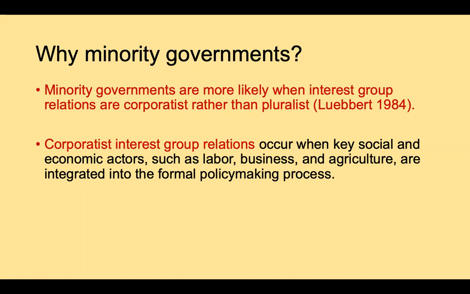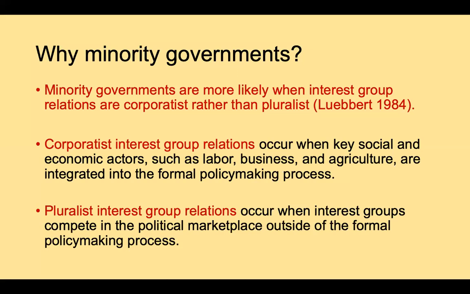And so in some cases where you have corporatist interest group relations that have a formal role for centralized labor and employer associations, you'll get minority governments because it's possible to influence policymaking and influence the government almost as effectively from within the confines of those corporatist arrangements than from within the government. And of course, in the United States, we're more familiar with pluralist arrangements where these relationships occur really more in the political marketplace, so to speak, and outside of formal policy making.